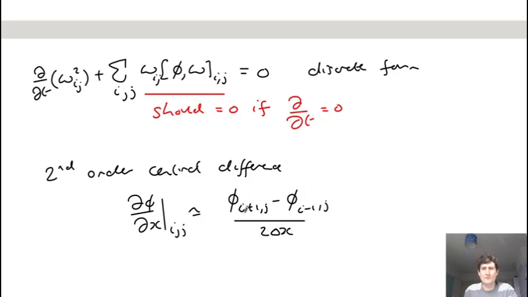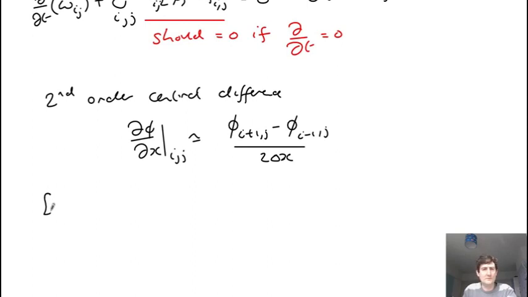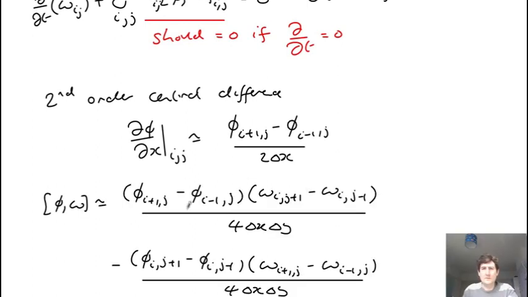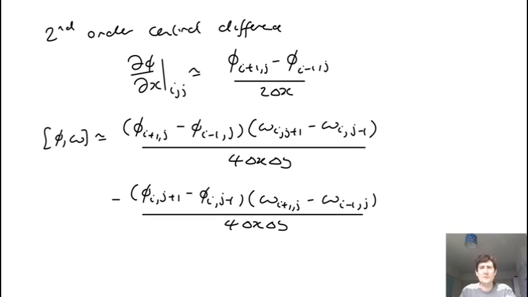That would be a derivative in x. And so we can write down the Poisson bracket. Here we have d phi by dx times d omega by dy minus d phi by dy times d omega by dx. And then we can look at this equation and see which terms we need to cancel out.